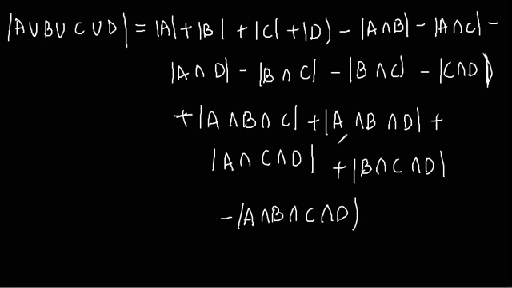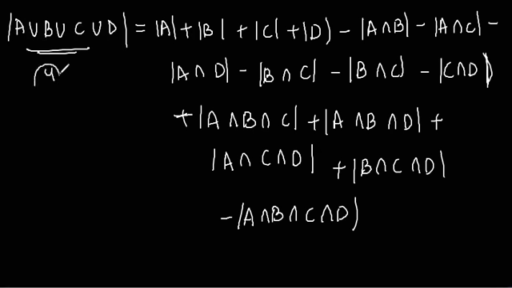So now this formula contains 15 different terms, one for each non-empty subset of A, B, C and D. Whenever we use the inclusion-exclusion principle, it gives a formula for the number of elements in the union of 4 sets.